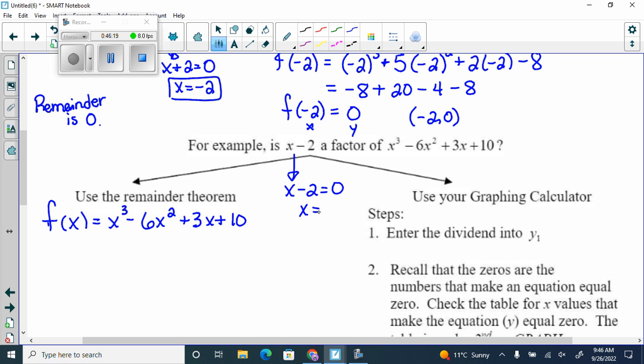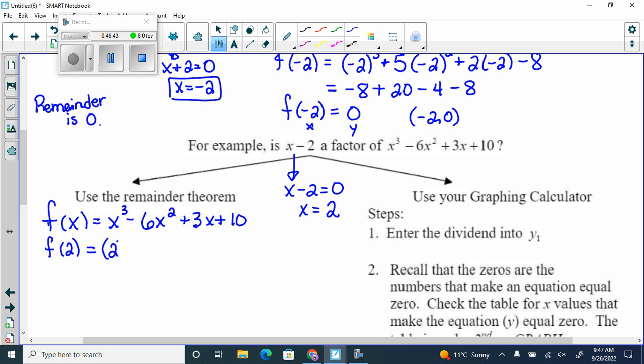X minus 2 equals 0, so what does x equal? 2. So we're going to look for f of 2. And f of 2 has to equal what in order for it to be a factor? 0.